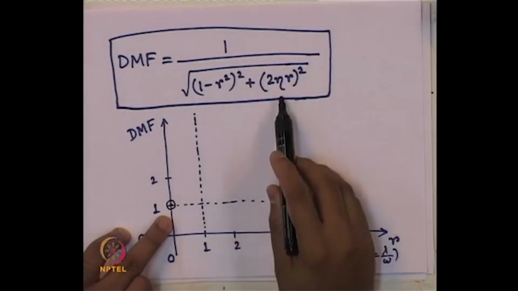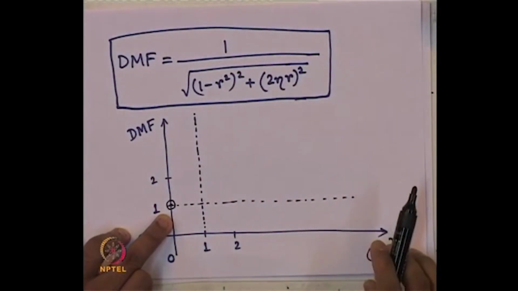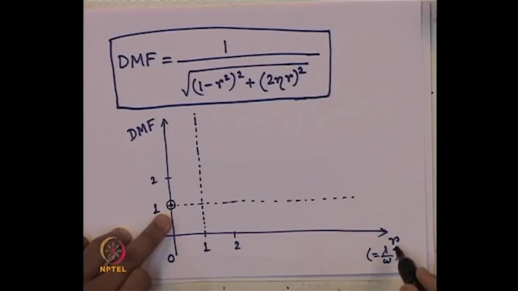When eta is non-zero, that is when we are considering a damped system, and we have r equals 0, that is again frequency ratio 0, what should be the value of the dynamic magnification factor? Again 1.